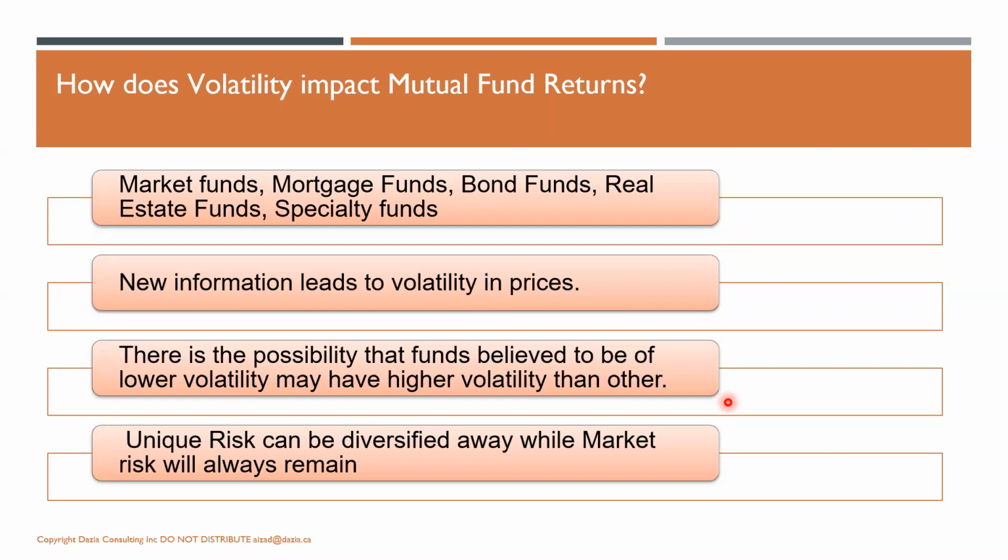Just in case one stock goes down, at least another could go up. But if you put 100 shares of different companies in your portfolio, your risk will not become zero, right? Your risk will still be there. It will still go up and down with the market. Market risk will always remain.